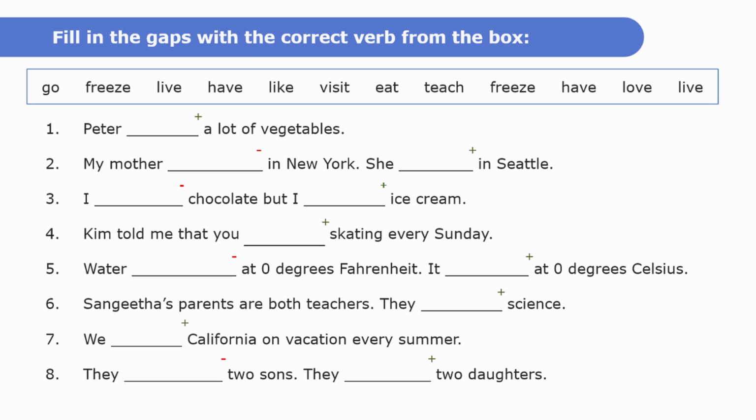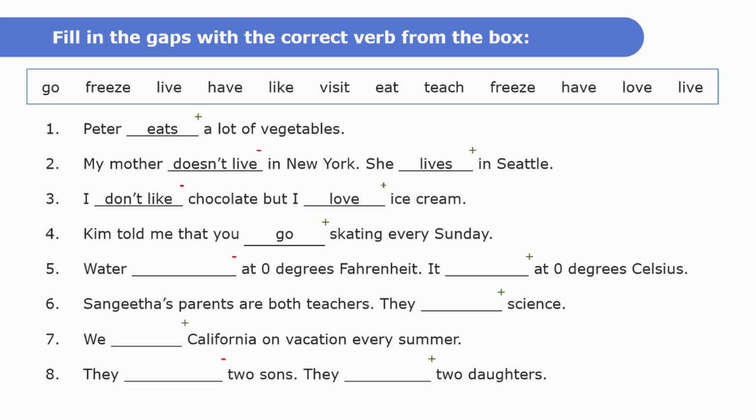Alright, let's look at the answers. Number 1, Peter eats a lot of vegetables. Number 2, my mother doesn't live in New York, she lives in Seattle. Number 3, I don't like chocolate, but I love ice cream. Number 4, Kim told me that you go skating every Sunday.